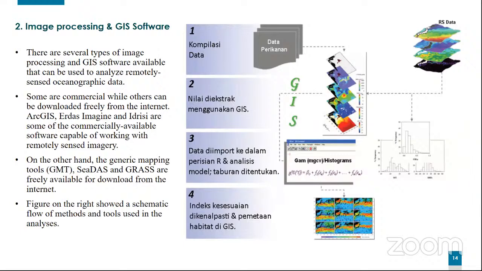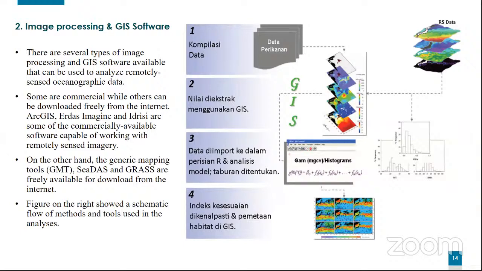ArcGIS, ERDAS Imagine, and Idrisi are some of the commercially available software capable of working with remotely sensed imagery. On the other hand, the Generic Mapping Tools or GMT, CDAT, and GRASS are freely available for download from the internet. So gambar on the right show schematic flows of methods and tools used in the analysis.